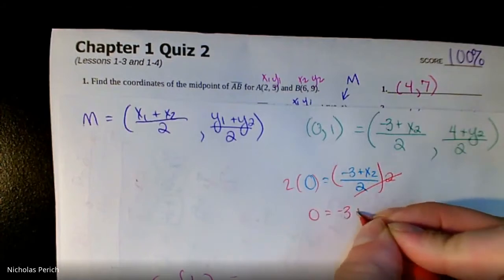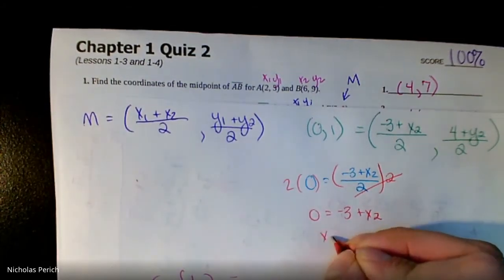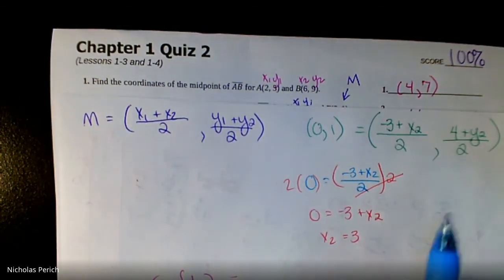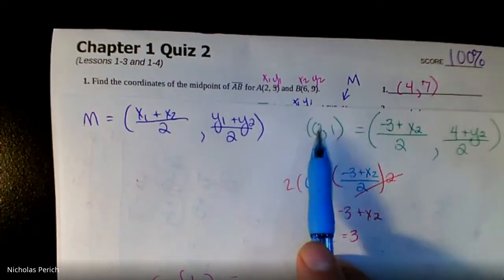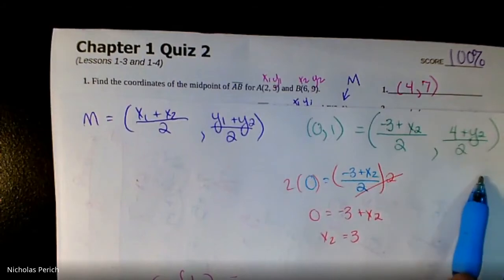So 2 times 0 is 0 equals -3 plus x sub 2. And if I add 3 to both sides, x sub 2 is going to equal 3. So again, the way I found out the x part is I focused on the x parts only. I said the x value equals the x value stuff.